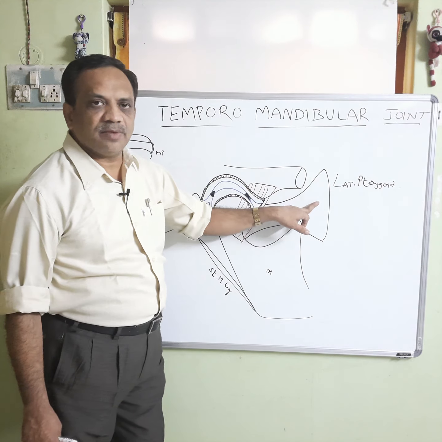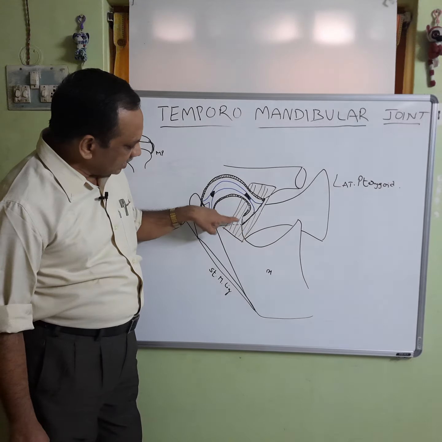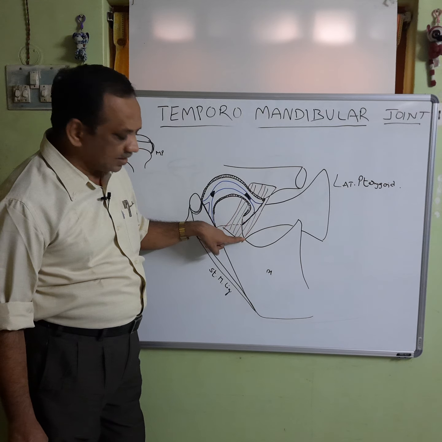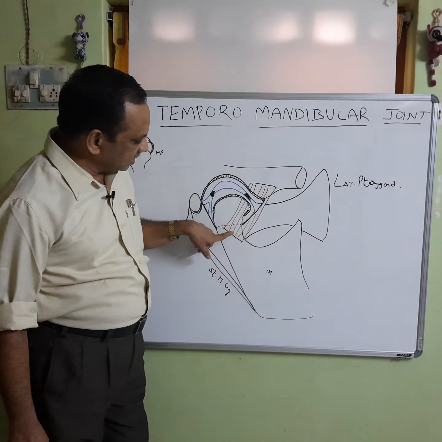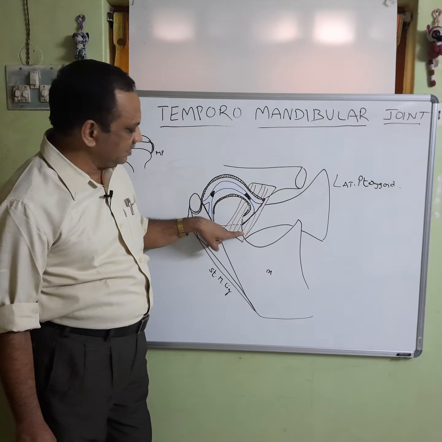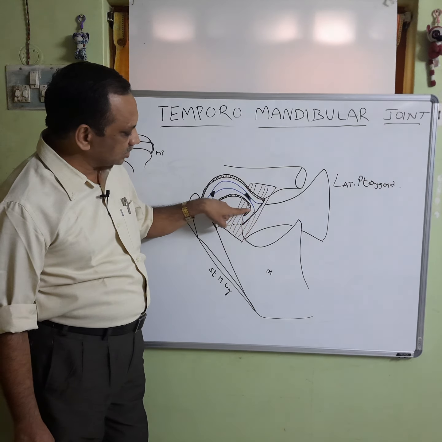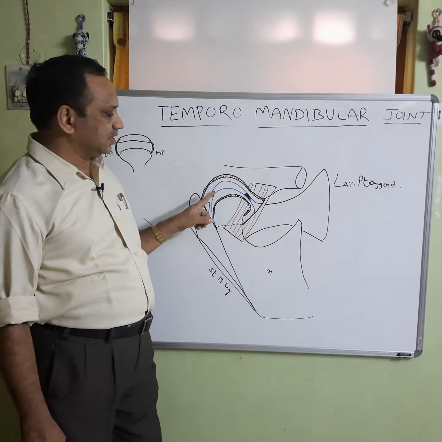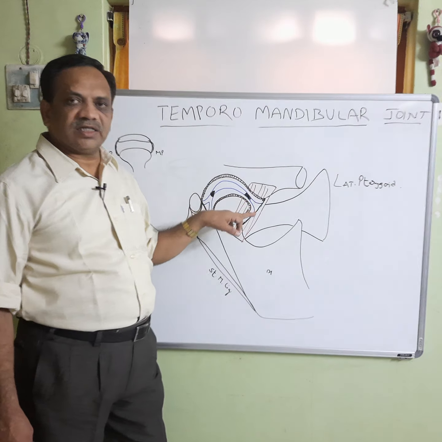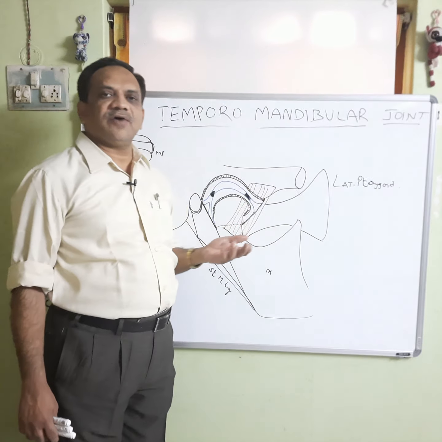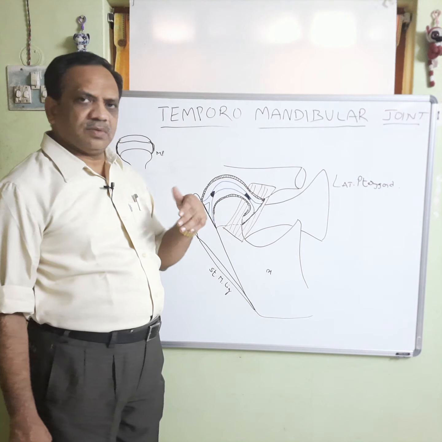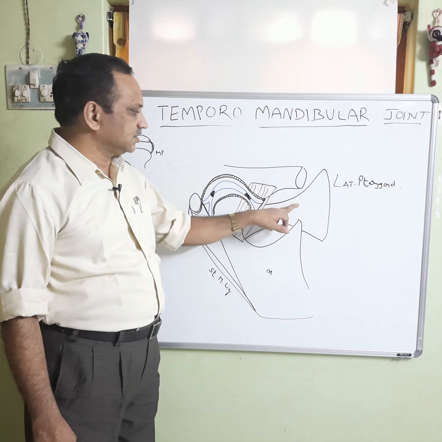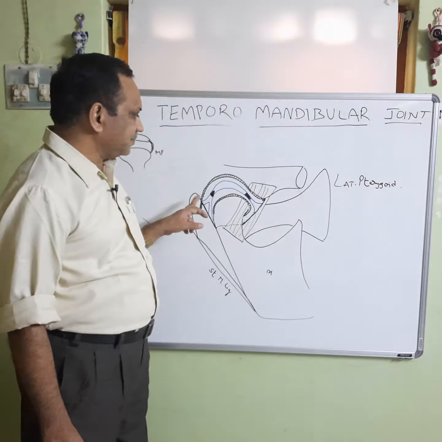The lateral pterygoid muscle is inserted, you can see here, in the pterygoid fovea, which is present in front of the neck of the mandible, and also to the joint capsule and the articular disc of the joint. This articular disc is nothing but the remnant of the preliminary insertion of this lateral pterygoid muscle.